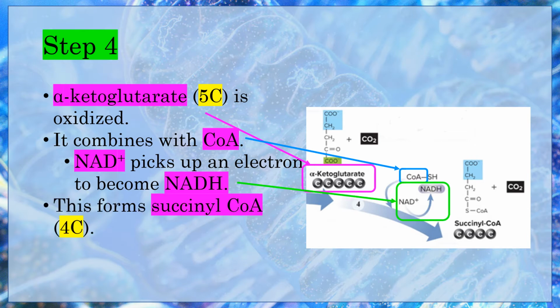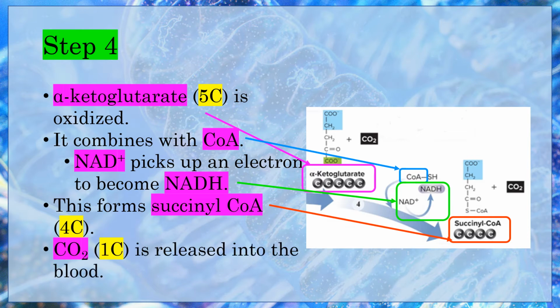And this forms succinyl coenzyme A, which is 4 carbons, as seen in the orange. It's also going to release another carbon into the blood. So we're down to 4 carbons now. 2 have gone off into the blood in the form of carbon dioxide, as seen in the purple.